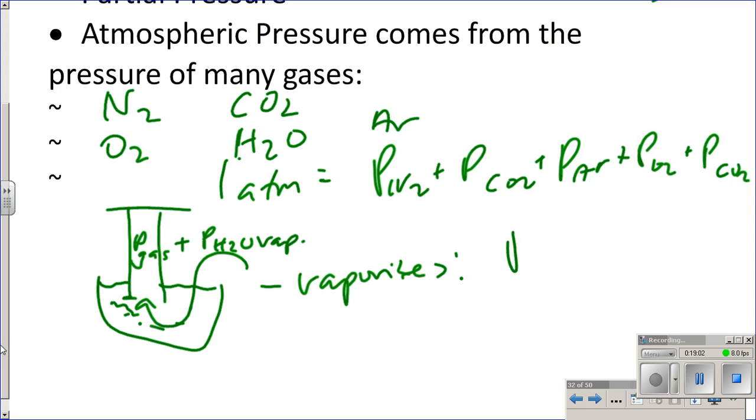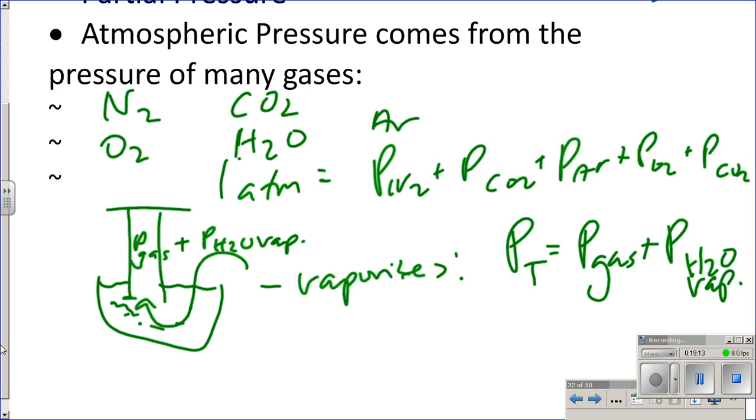So the total pressure will equal P gas, whatever the gas is of our lab, plus P of water vapor, simply because water is vaporizing at room temperature all the time. That's Dalton's Law. Thumbs up if you know Dalton's Law. Whatever you do, make sure all of your gases are in the same units: millimeters of mercury, atmospheres, whatever. That's a given.